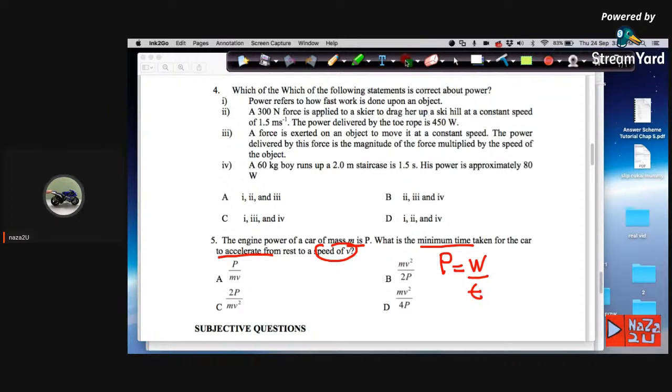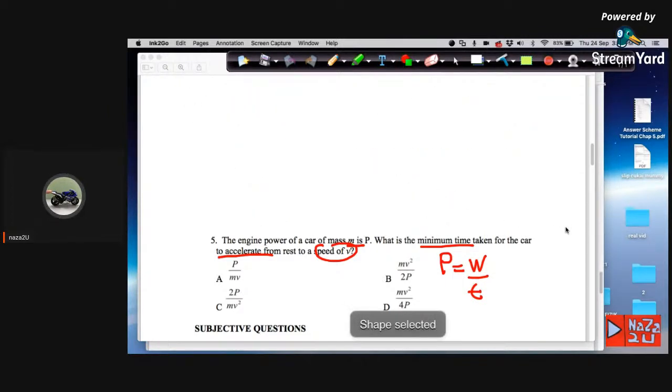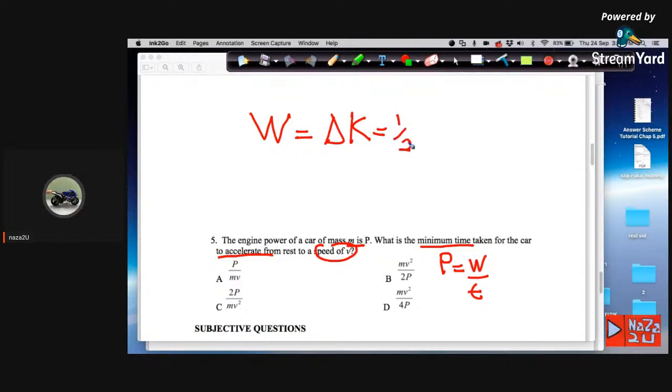But if you use the work-energy theorem, it relates work and kinetic energy, delta K. Delta K is the change of kinetic energy, the final kinetic energy, half m vf square, minus the initial kinetic energy, half m vi square. Because the car accelerates from rest, the initial is equal to 0.